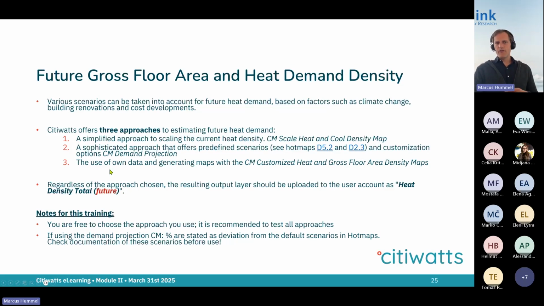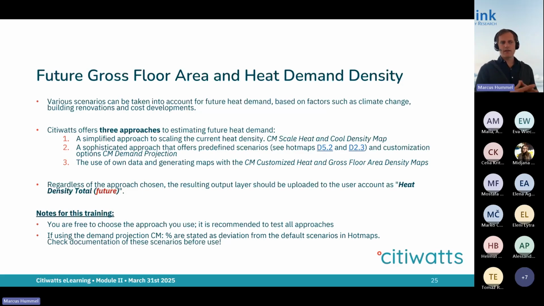Second option that you have, there is a calculation module called demand projection. I will show it in some minutes. What the module does is, it takes the default data, the default maps, and it takes reference scenarios that we have calculated for all EU countries, and it adjusts the default data to fit to these reference scenarios.